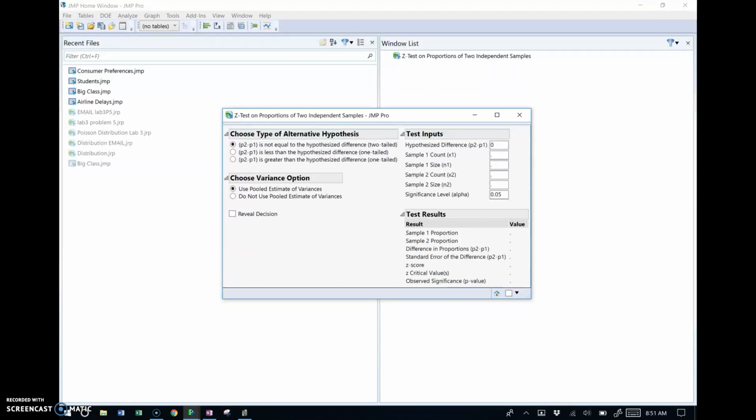Then it says, choose your variance option: use pooling or not. We are actually using pooling every time for this scenario. The non-pooled estimate for variances is what we use on a t-test, but for the two-sample p, we use the pooled estimate. Next, the hypothesized difference, P1 minus P2.